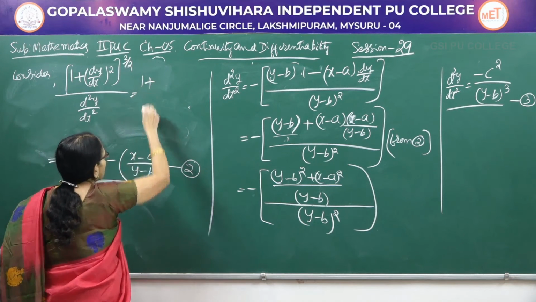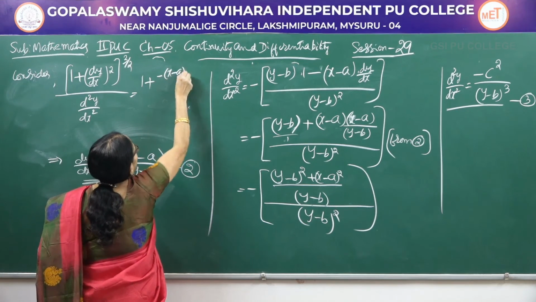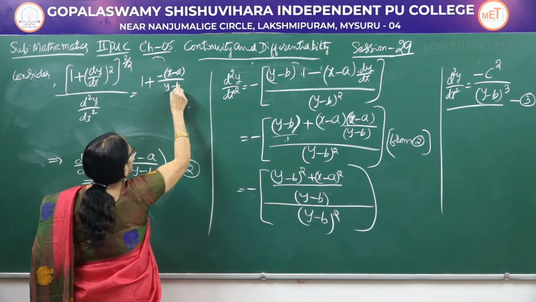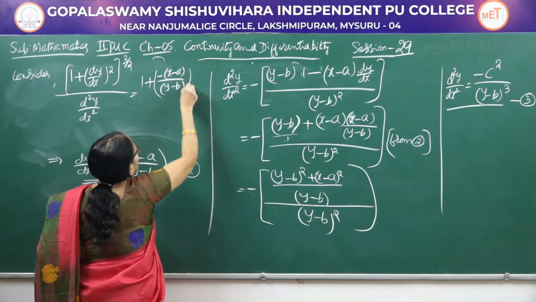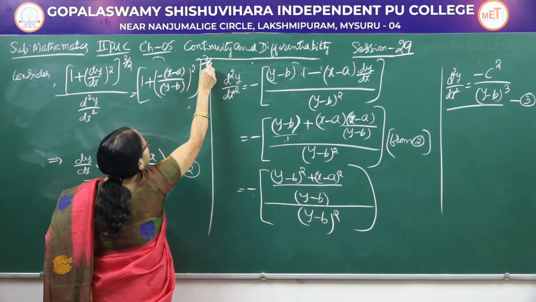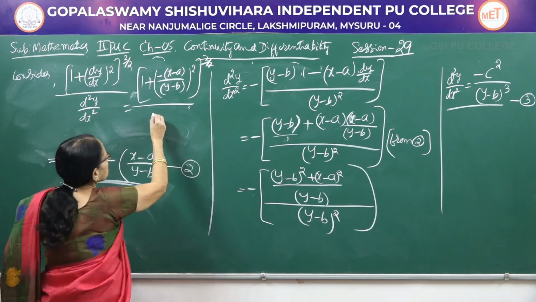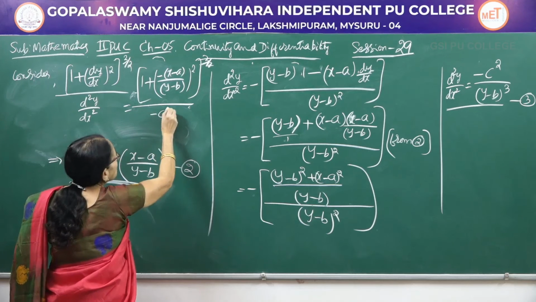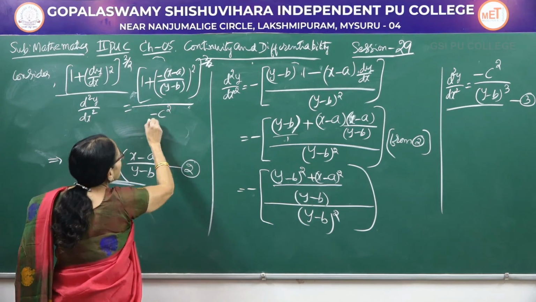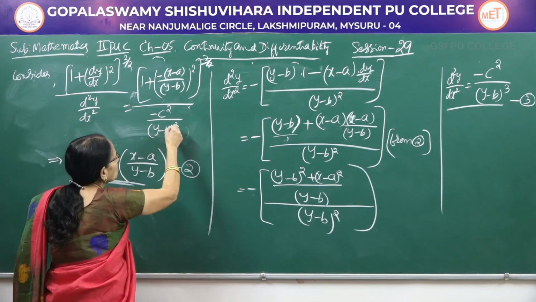It is 1 plus, write this, minus of (x minus a) by (y minus b), use another bracket, whole square, to the power 3 by 2, and whole thing divided by the second derivative. It is what you have there, minus c² whole thing divided by (y minus b) the whole cube.